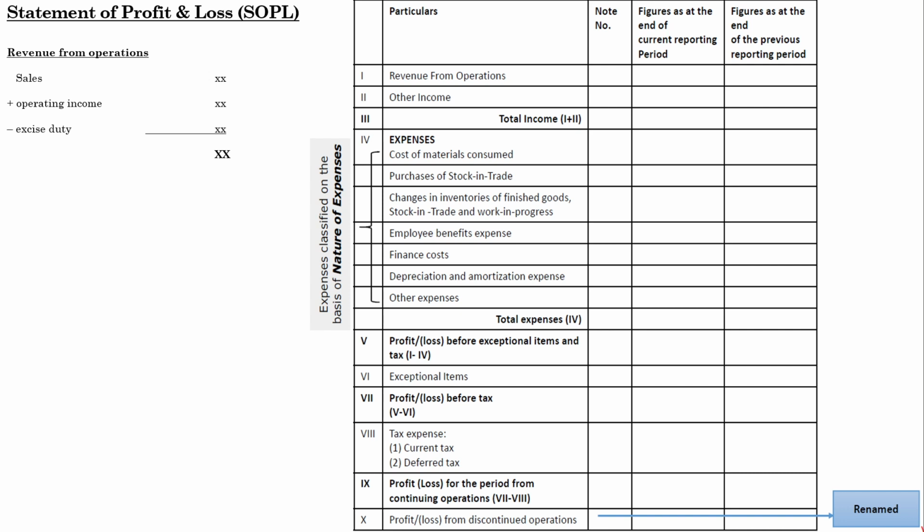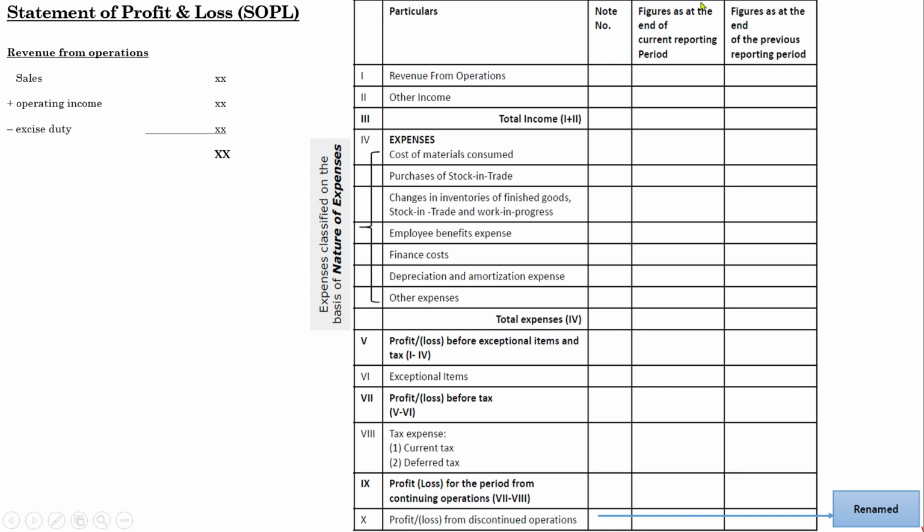Apart from the sales, operating income and excise duty, there will be items like interest from deposits and income from other financial services. Instead of sales and operating income, they might give income from interest and other financial services. So if it is a financing company, those items will be the revenue from operations. Usually that will be a rare case, but anyway you have to go through the question very wisely.